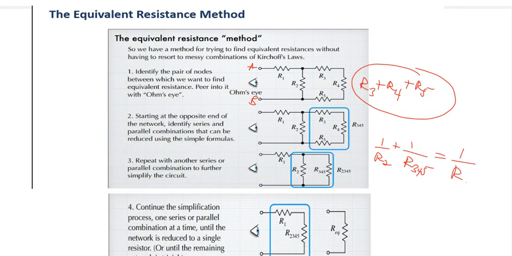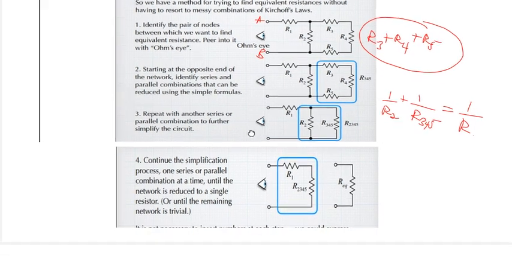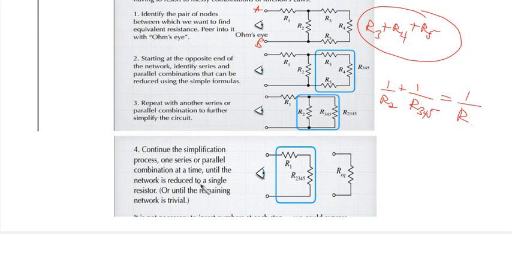So we continue. This now is going to be in series with this, because any current that is coming in from here is going to flow here. So this and this are in series. So at the end of the day, we just add them up. R1 plus R2345 gives us the equivalent resistance.